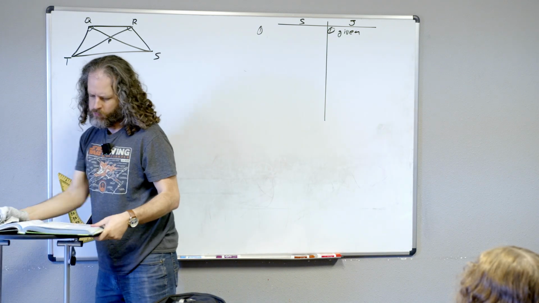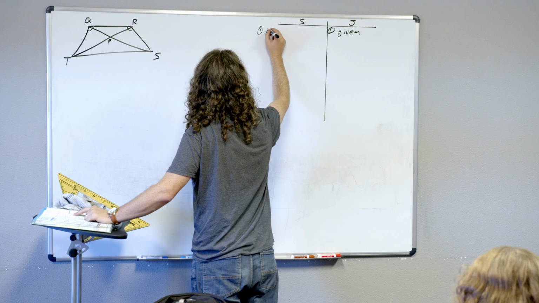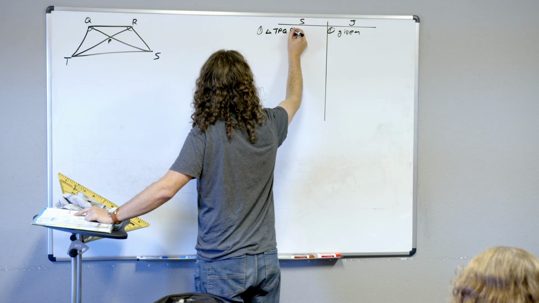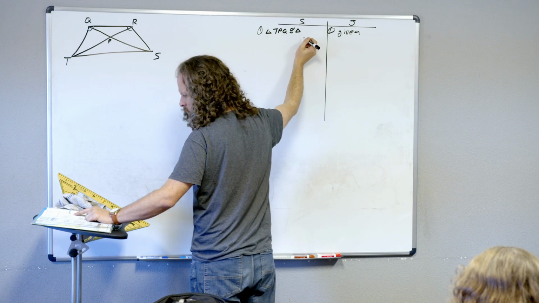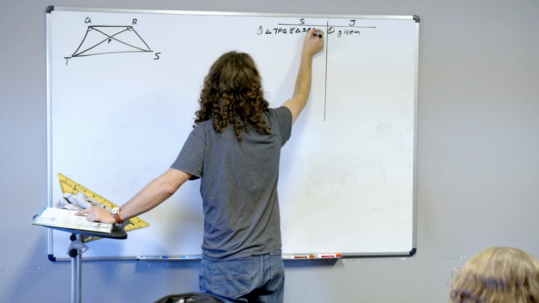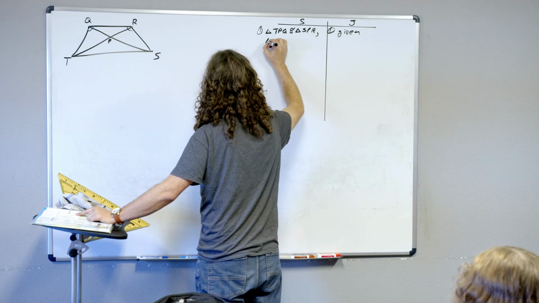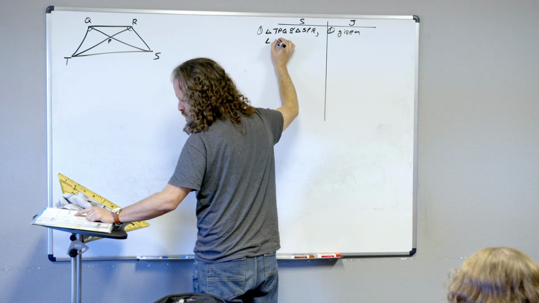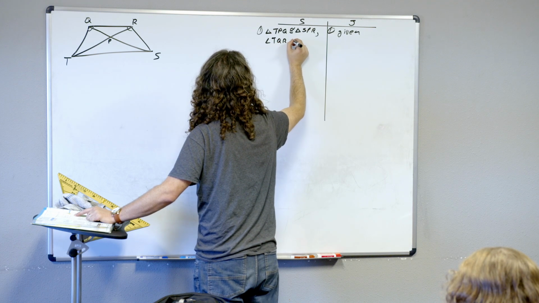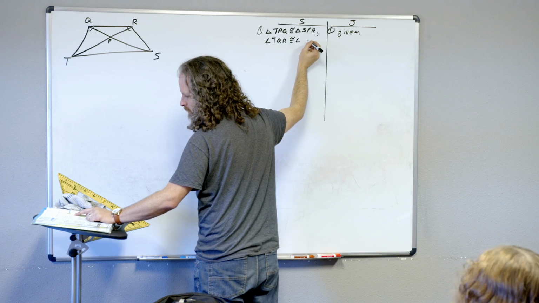Given triangle T P Q is congruent to triangle S P R, and angle T Q R is congruent to angle S R Q.